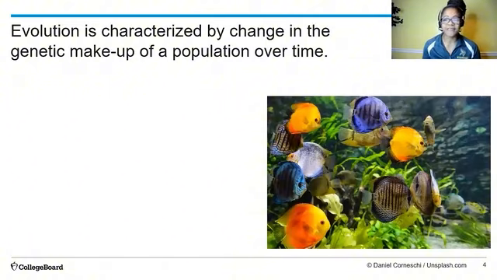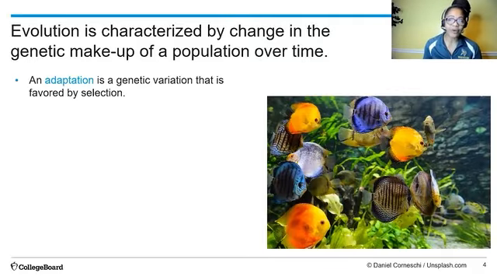It's important for us to first understand that evolution is characterized by change in the genetic makeup of a population over time. So if we're studying ecology, it's important that we understand how evolution impacts changes in populations and ecosystem structure over time. It's important for us to take a look at some definitions in order to put this into context. When we say an adaptation, students always like to say an organism has an adaptation, but what do we actually mean by that word?